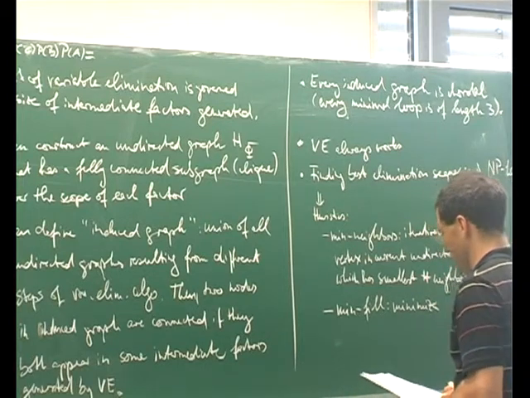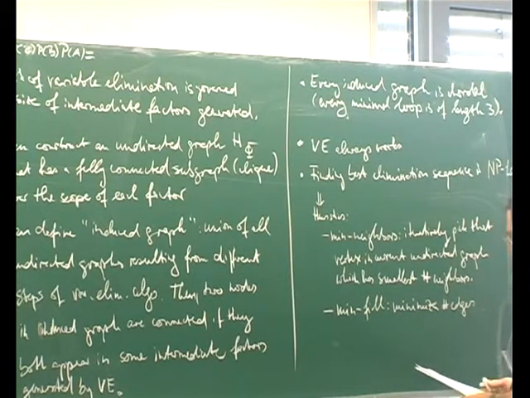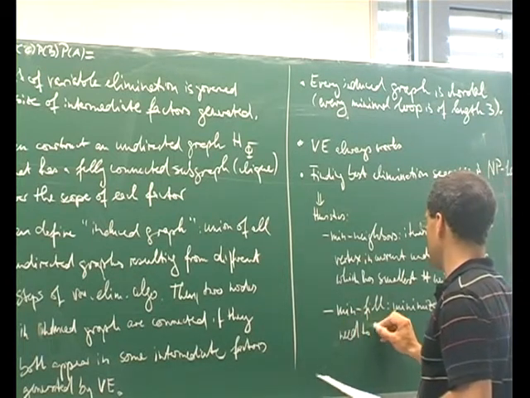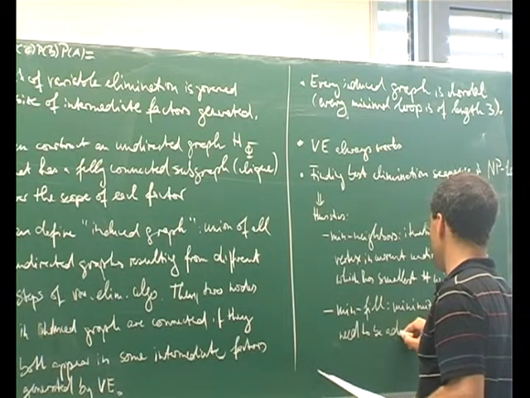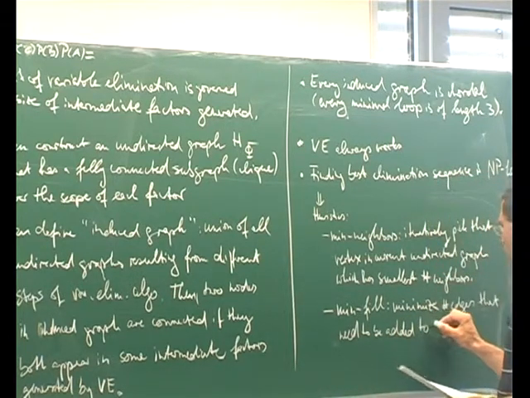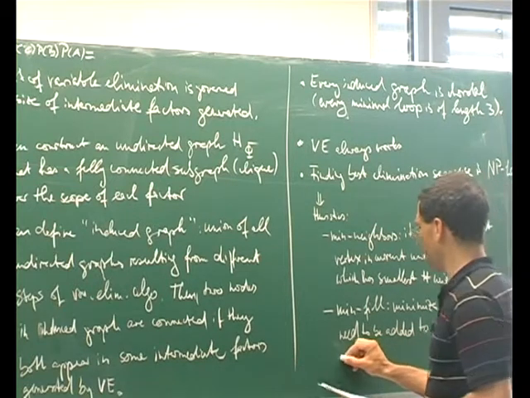Where you find that node next that minimizes the number of edges that need to be added to the induced graph after eliminating a node.